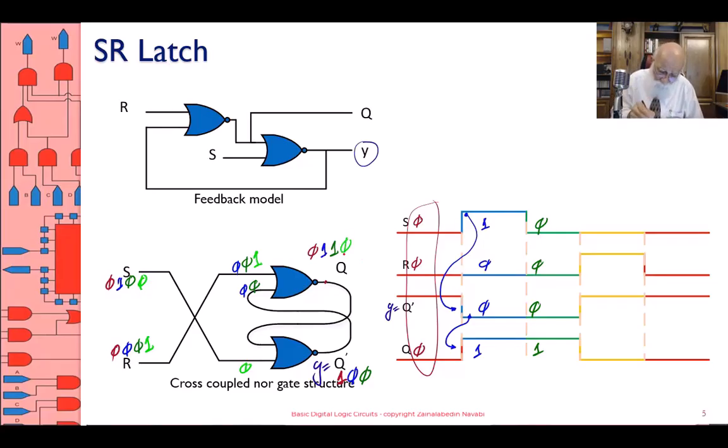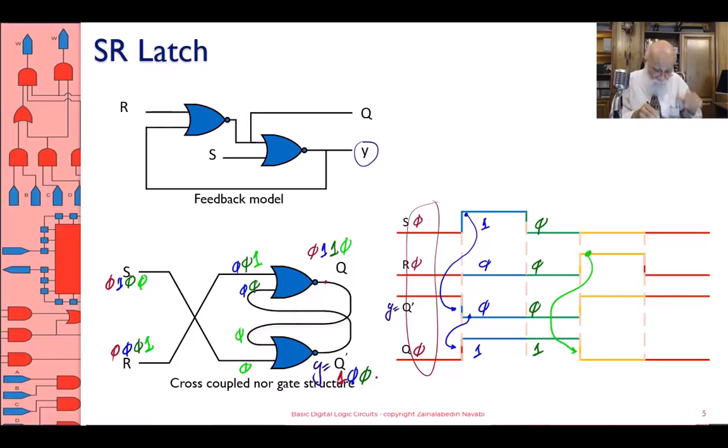And therefore, by R becoming 1, Q changes to 0. Q changes to 0, so I have a 0 here, a 0 on the lower input of the lower gate.